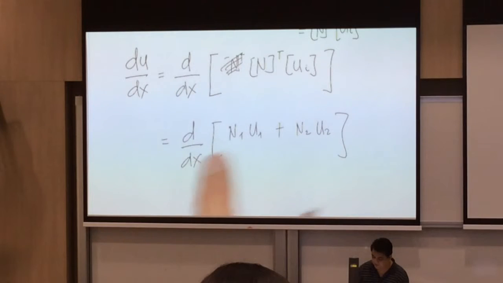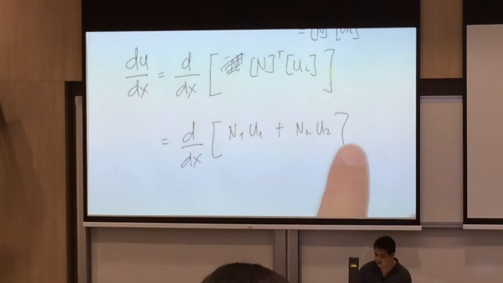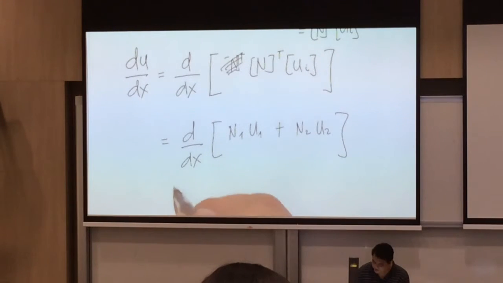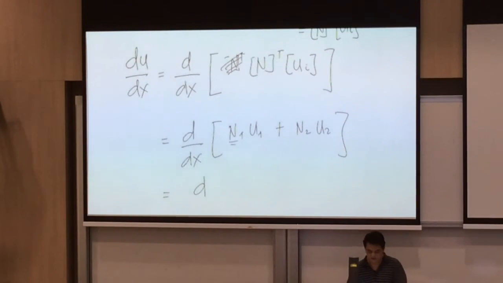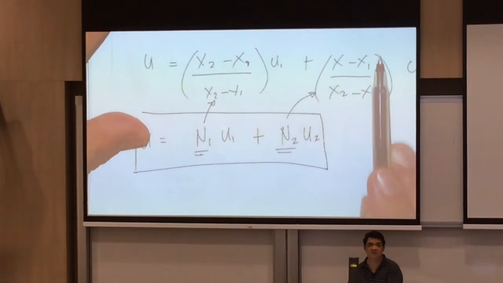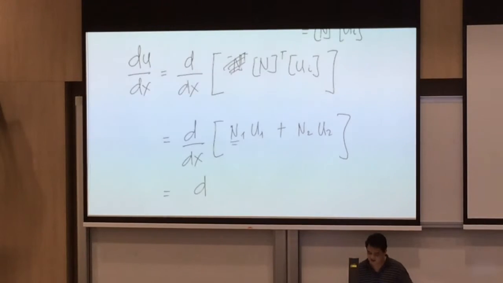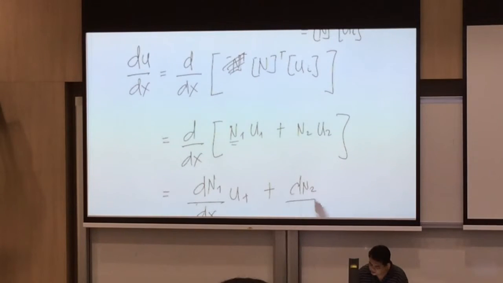So we can multiply now that. So this one now is not a function of x, assuming that this is not a function of x. N1 and N2 are a function of x. So dN1 dx U1 plus dN2 dx U2.